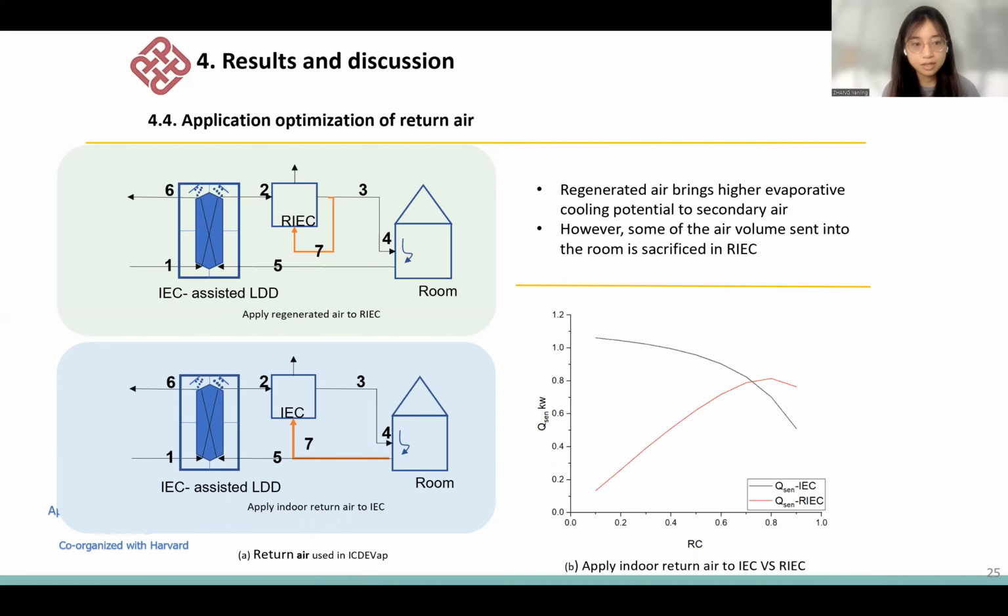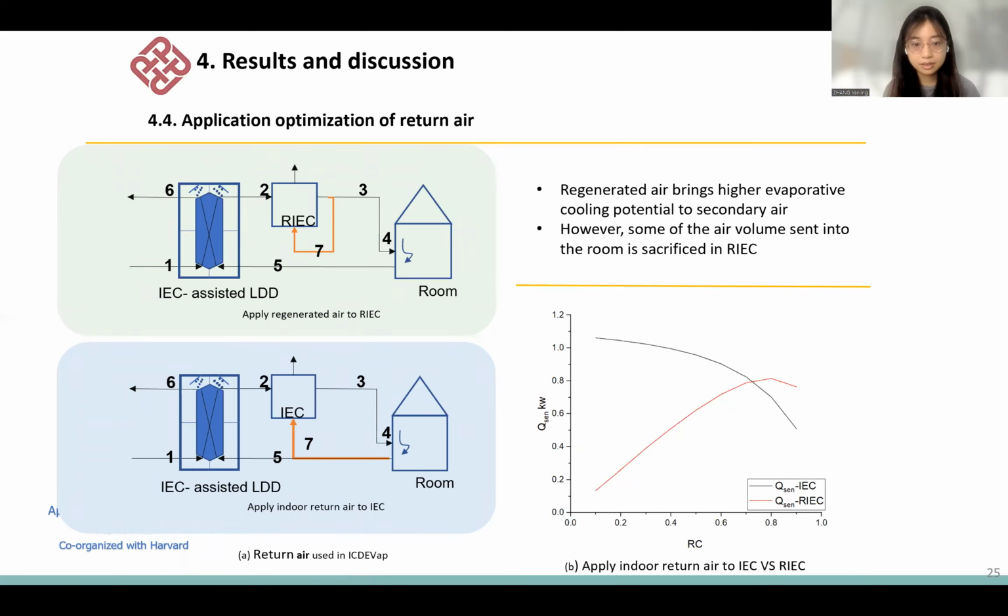Here shows a discussion about whether we can directly transform the exhaust air to LDD and use the RIEC, or design the system so that the exhaust air is partially used in LDD internal cooling and partially used for IEC.